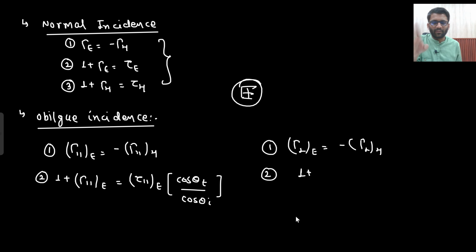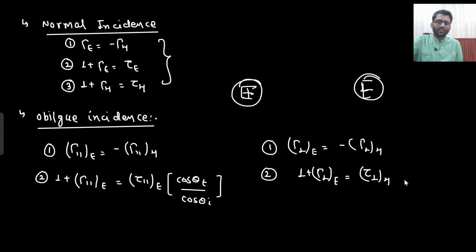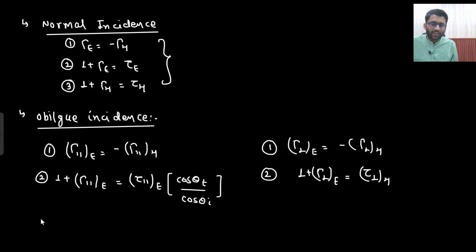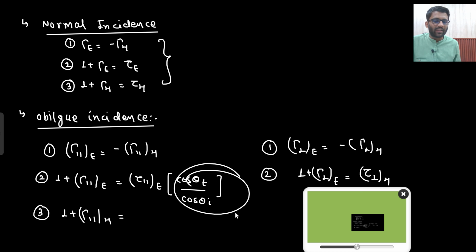Here if I write down this thing, what will be the answer? Tau perpendicular H. Directly it will come. Why directly? Because from perpendicular you can make E easily. So this is how we can remember it. So these formula I asked you to remember. Now the third one is, if you write it for magnetic field, how will you write it? In case of electric field something was coming, so in case of magnetic field nothing will come.